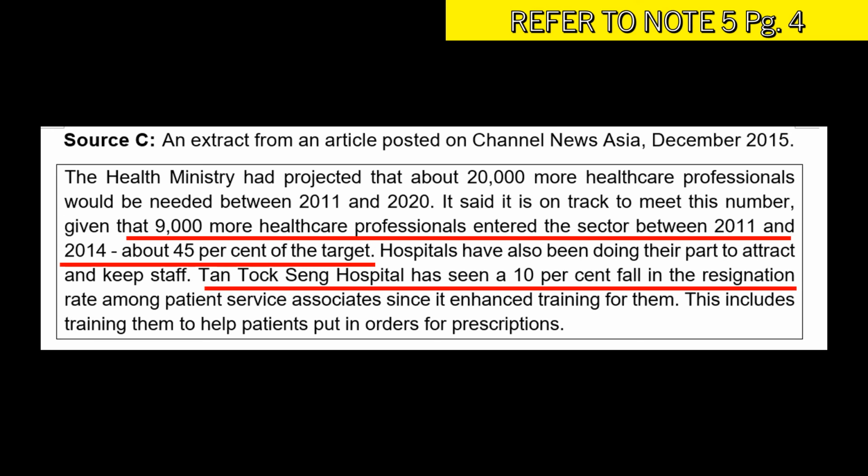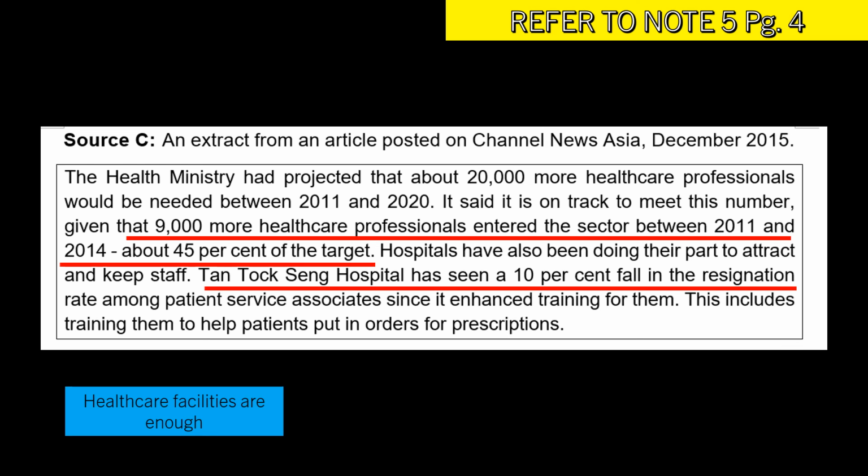But because this is December 2015, a year after all those things, the hospital has seen a 10% fall in resignation rate, and the very fact that there is now a good number of staff working shows that healthcare facilities are enough.